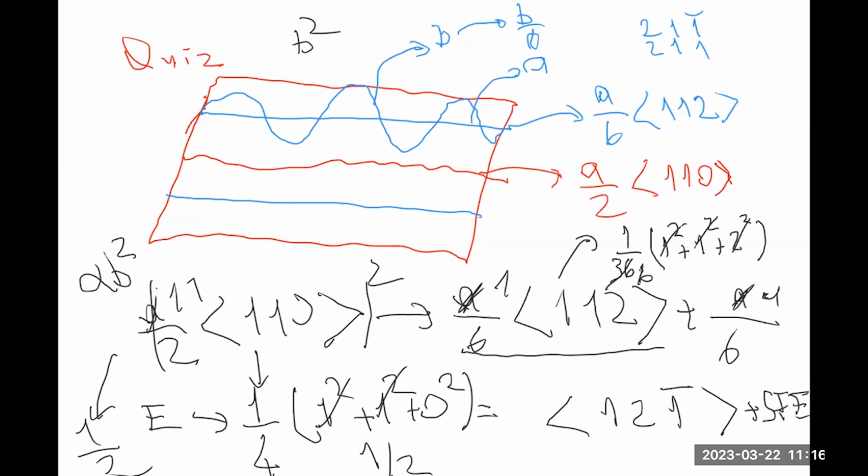So the energy of this part is 1/6. How about the energy of the second part? Hocam, can we say it is 1/6? Same, right? 1/6 plus 1/6 is 1/3.